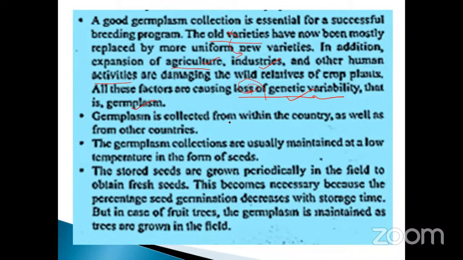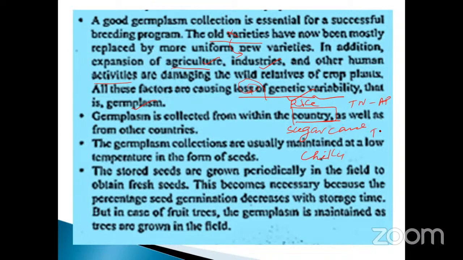Germplasm is collected from within the country as well as from other countries also. They may collect plants, for example, rice, sugar cane, chili. So these are the plants we can collect from the same country. For example, Tamil Nadu, Andhra, AP.